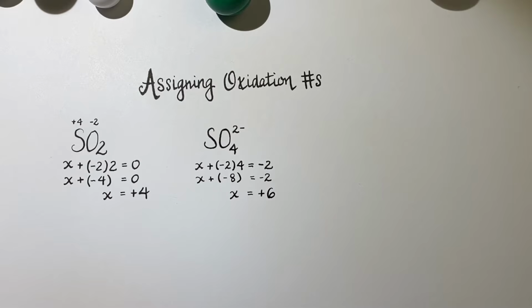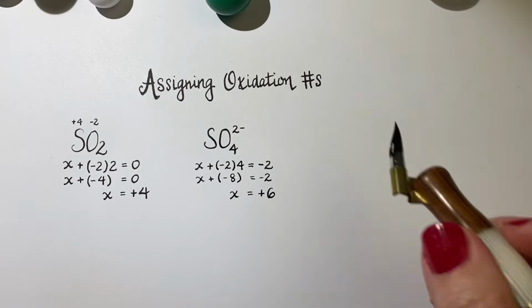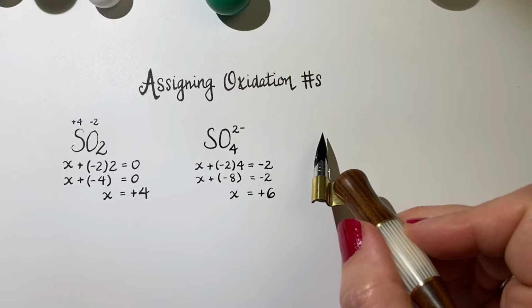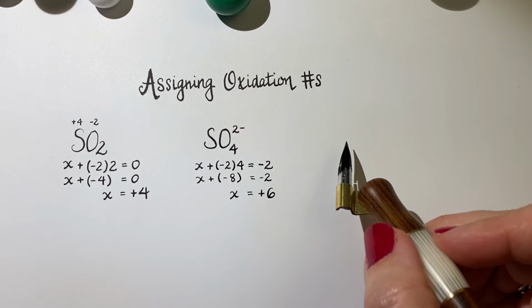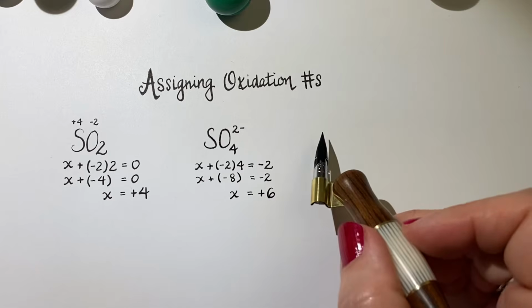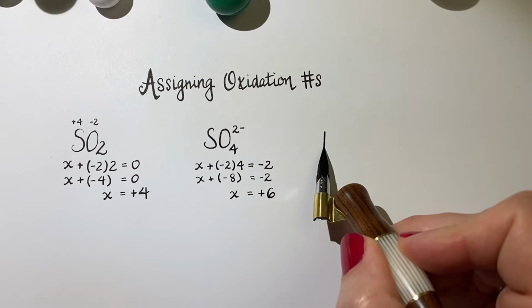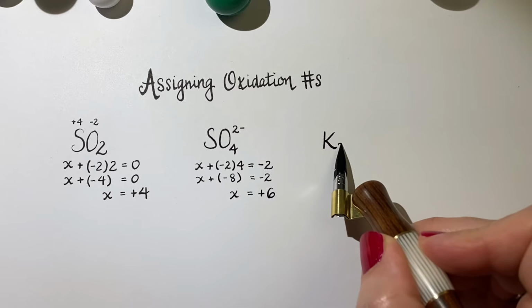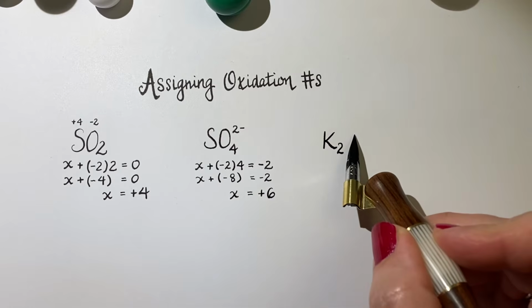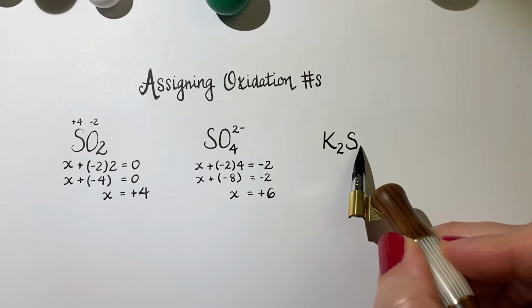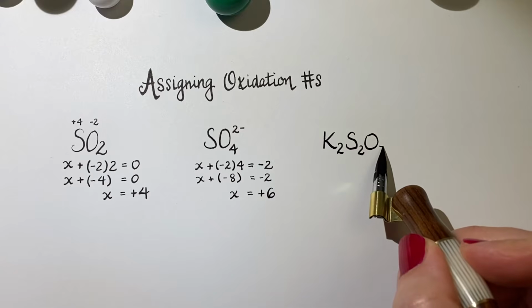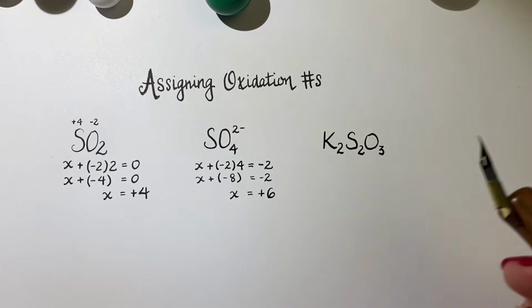Okay, hey, we're on a roll with sulfur, so why not continue? There is another polyatomic ion, but instead of making it an ion, since we just saw an example of that, I'm going to show you a compound that has 3 elements in it.